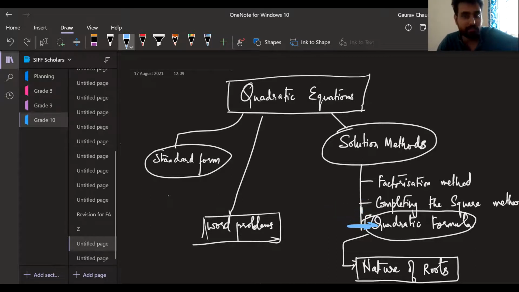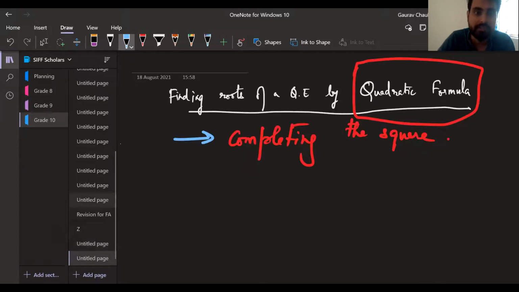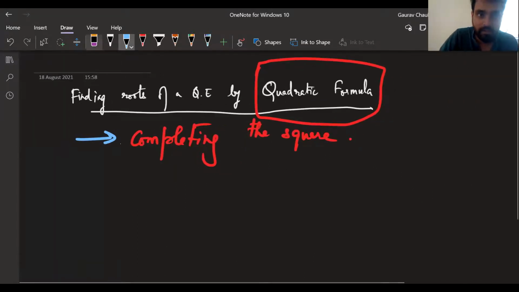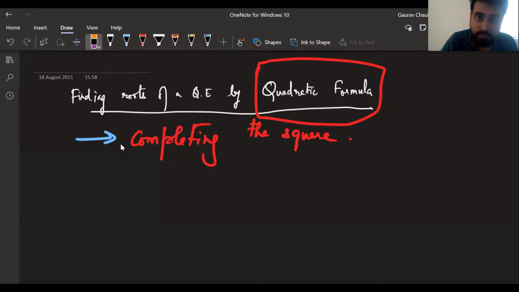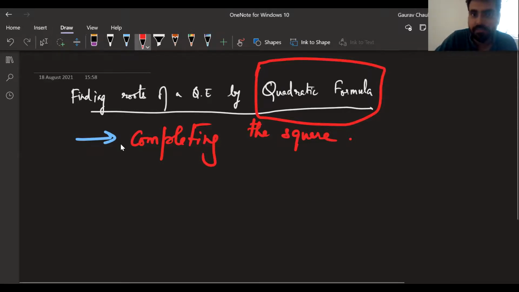We are not learning the second method, but I'm telling you it's really awesome. So I'm giving you a nudge also. People who are interested, search on Khan Academy, search on YouTube, and try to learn this method if you are genuinely curious about this.